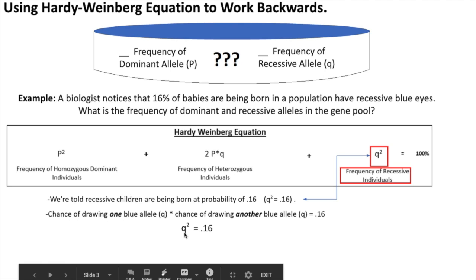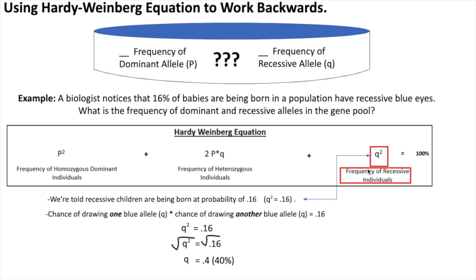So if the biologist wants to solve for the frequency of this recessive allele, they just take the square root of both sides, and what they'll find is that the frequency of the recessive allele in the gene pool was equal to 40%. And sure enough, to check the math, if you were to take a 40% chance of receiving one recessive allele times a 40% chance of drawing a second recessive allele, you would produce a homozygous recessive individual 16% of the time.